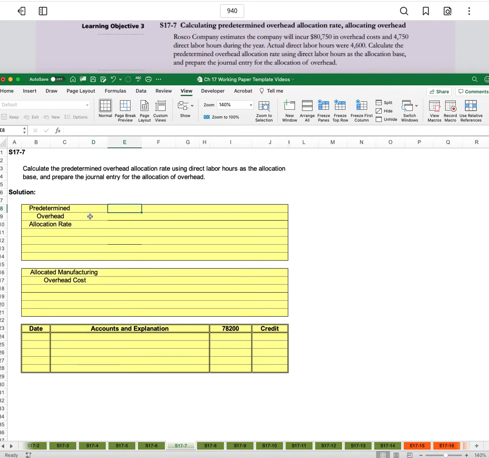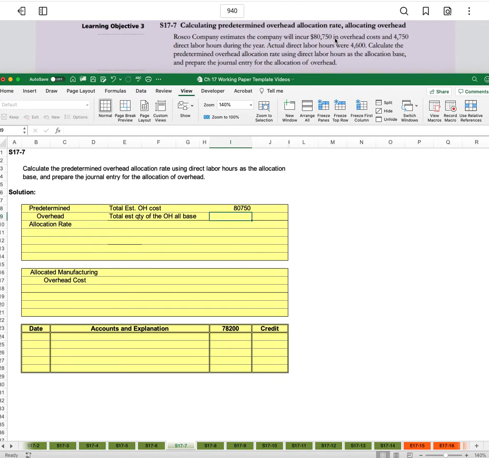Just in words, how do we calculate that? It's the total estimated overhead cost divided by the total estimated quantity of the overhead allocation base. In our case, the total estimated overhead cost, this is happening before the period actually begins, so that's why it's estimated overhead costs, and it's giving us $80,750.